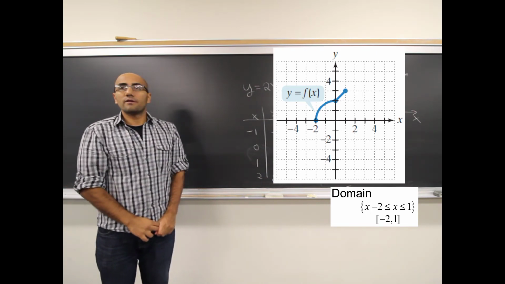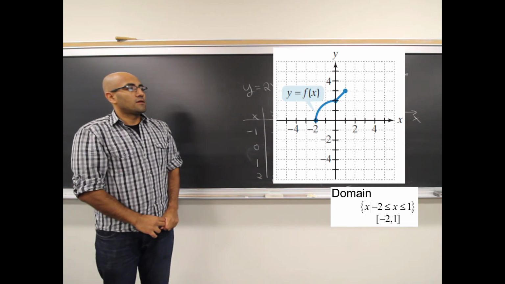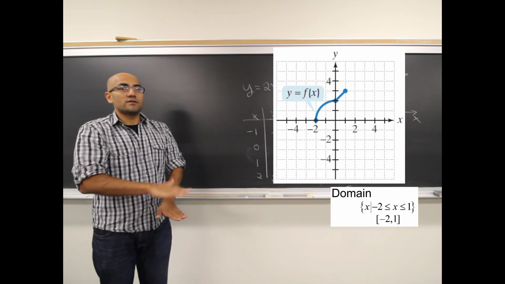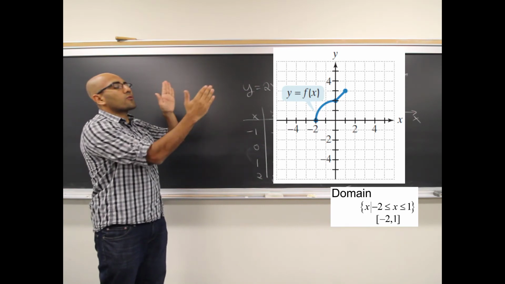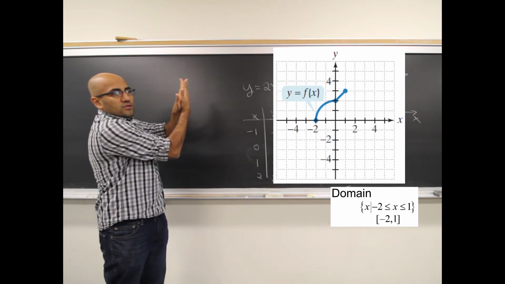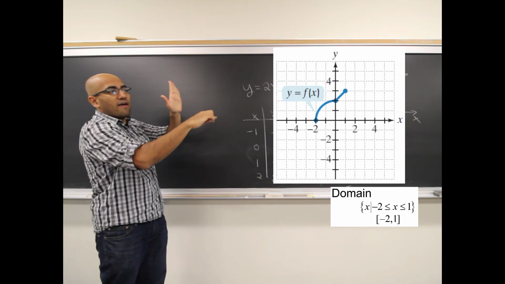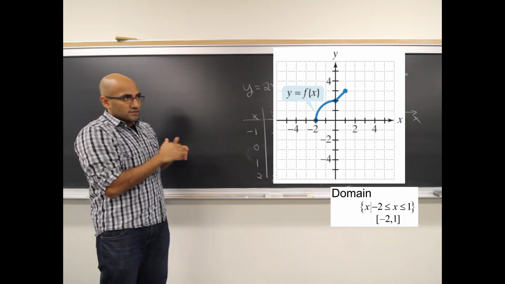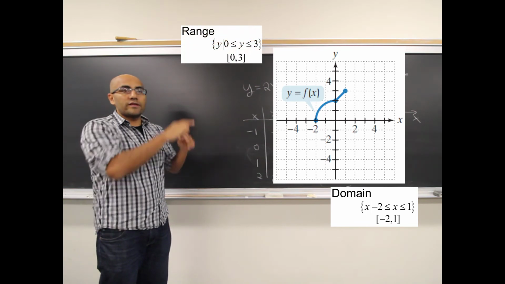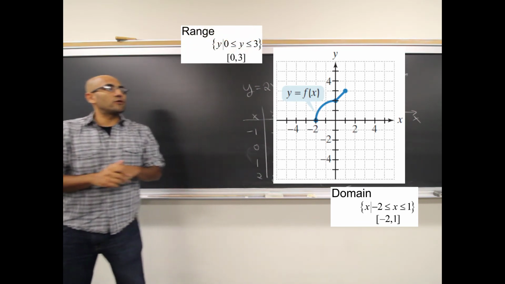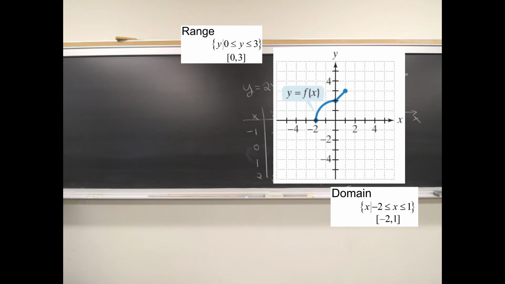What about the range? Squash it this way, everywhere it touches, the smallest value that it touches is 0 to 3. From 0 to 3, do we include the endpoints? We do. 0 to 3 is the range with brackets around it. So there we go.